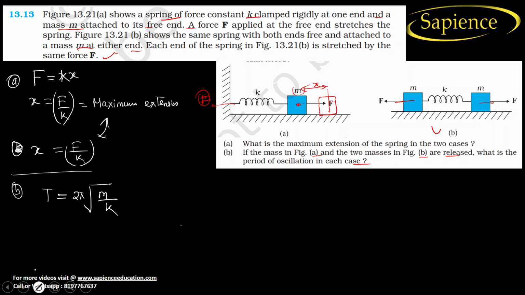But in the second case, what happens when we apply a force? The amount of displacement on this side is the same as on the other side. For example, if the total displacement is x, then x by 2 will be in this direction and x by 2 in that direction.